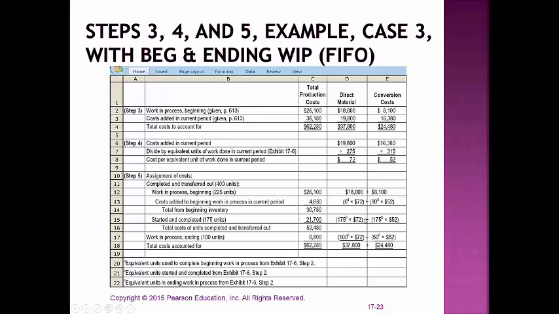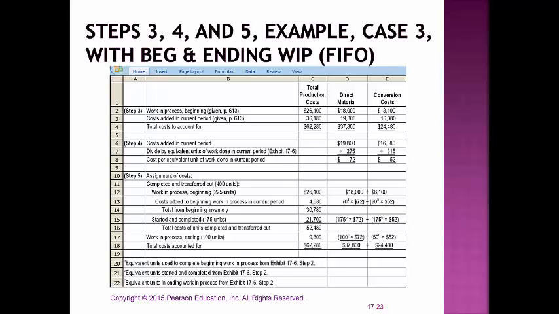Adding those two up, you could calculate and fill in this box and this box, adding them to equal 21,700. Therefore, what is the total amount of units that were completed and transferred out?